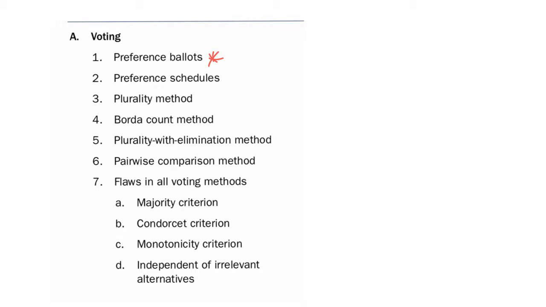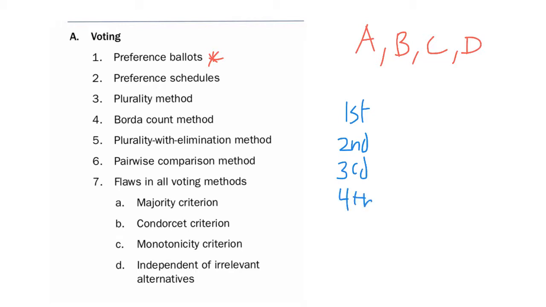So for example, maybe the candidates are A, B, C, and D, and a preference ballot is such that as a voter, there would be a first place, a second place, a third place preference, and a fourth place preference, and you might like B the best, you might like A for second place, D for third place, and the person you really hope does not win the election would be C. Okay, so that right there is a preference ballot.